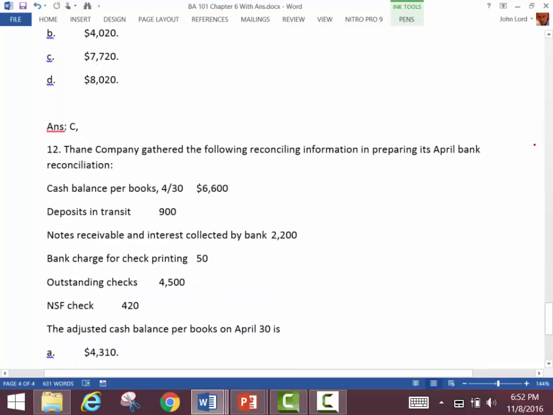You want to do number 12? Okay. So they give me the cash balance per book. So I'm going to have to adjust for things that the bank knows about that the company did not, right? Okay. So I start with the balance per books of 6,600.